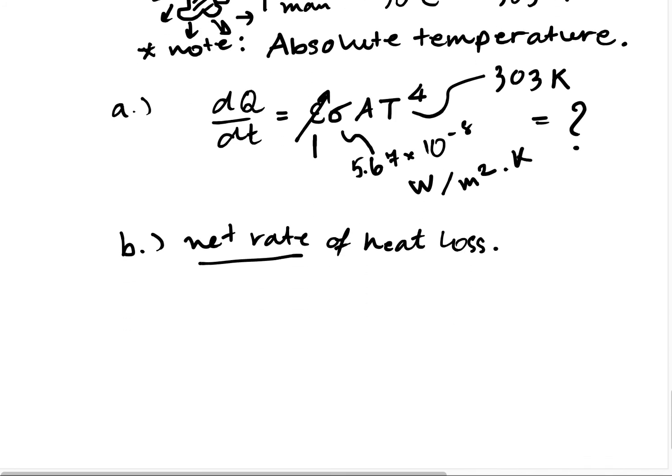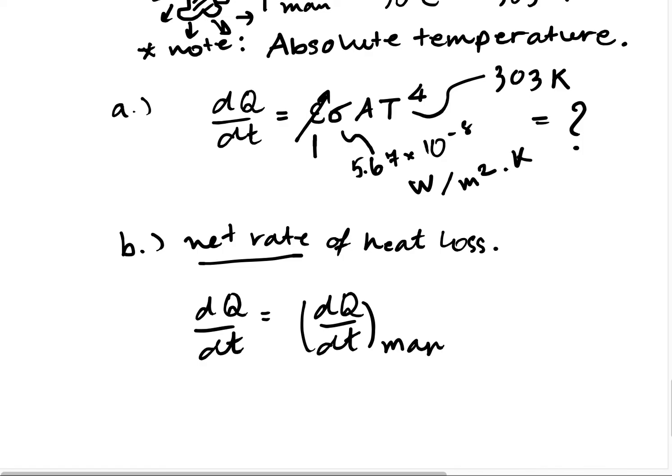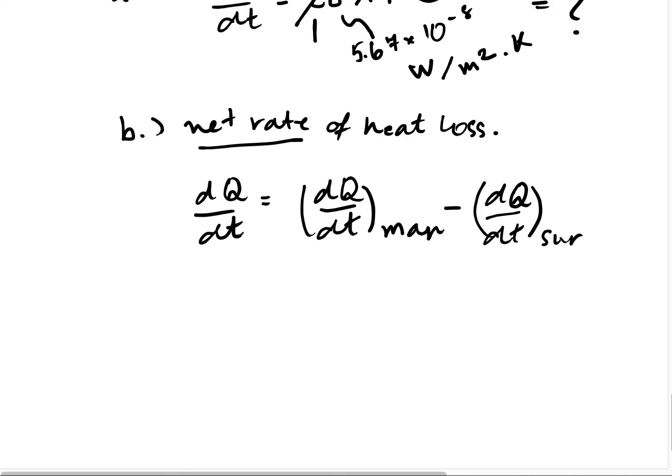But for the net rate of heat loss, you need to calculate the dQ/dt of the human minus the dQ/dt from the surrounding.